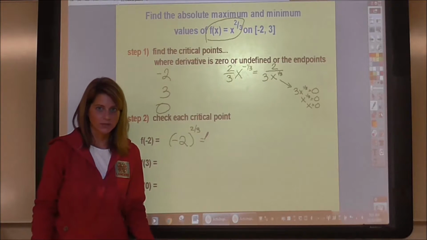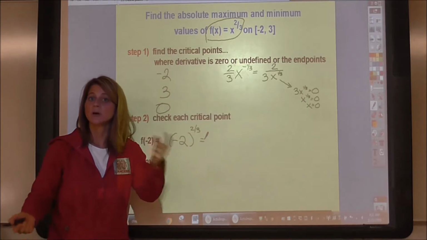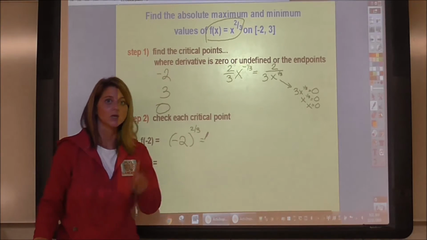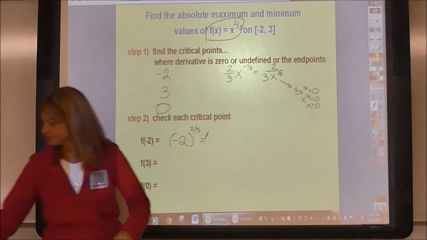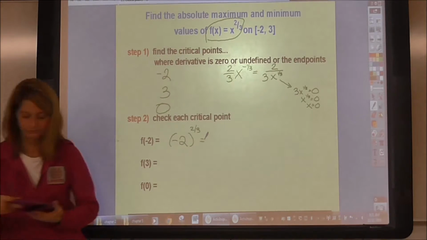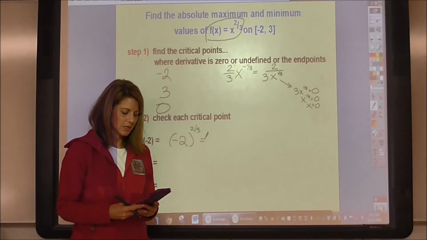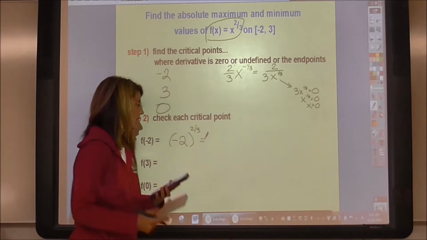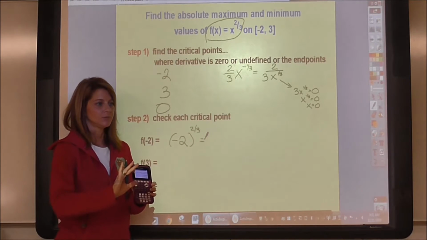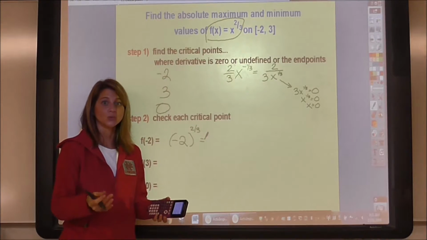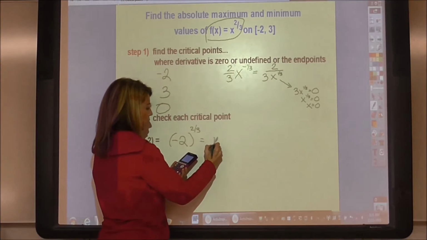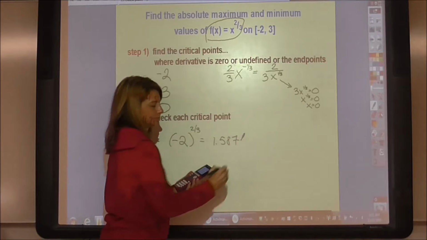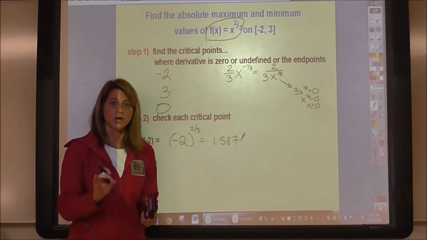I have no idea what -2 to the 2/3 power is, so I'm going to go check my handy dandy calculator. Give me a second to go grab my calculator. All right, so -2 to the 2/3 power. Give or take, using AP Calculus rules of 3 decimal places, 1.587. Good for you. So that's the y value.